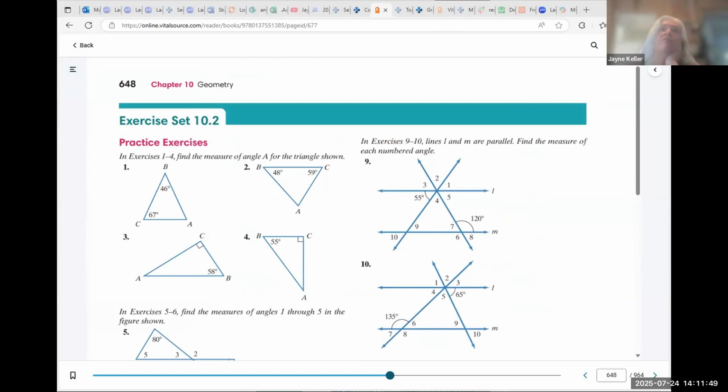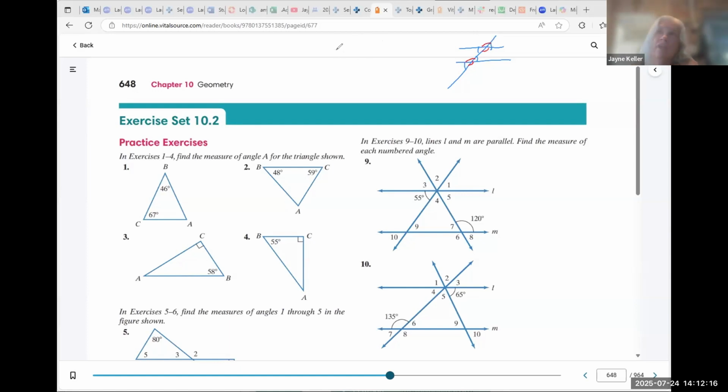So most of these types of problems are going to rely on parallel lines. Remember when we have parallel lines with a transversal, all of these angles are going to be congruent, and all of these angles too.